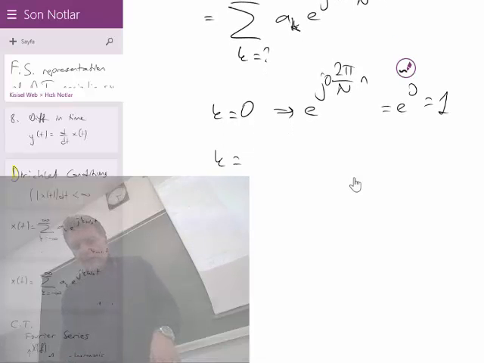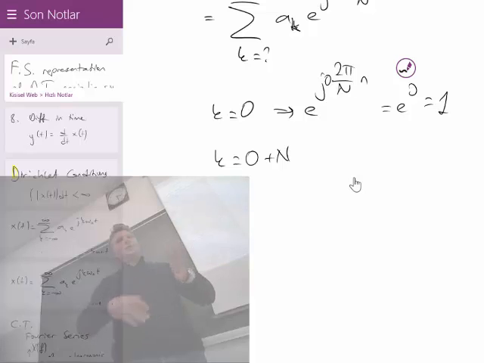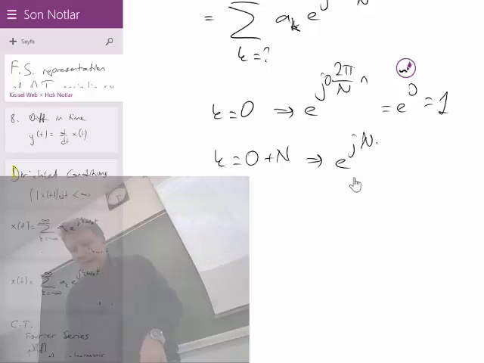How about k equal to 0 plus capital N? If we proceed running from minus infinity to infinity, somewhere in between we have k equal to 0. Now let's go a little bit further and see what's happening at k equal to N. If k is equal to N, then it will be e to the j N times 2 pi over N times n, and these N's will cancel.